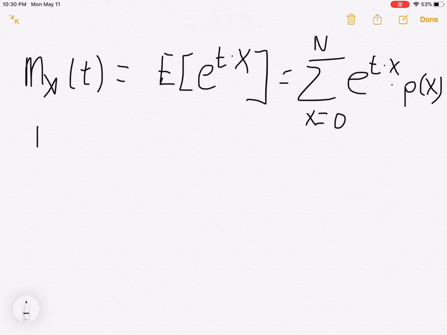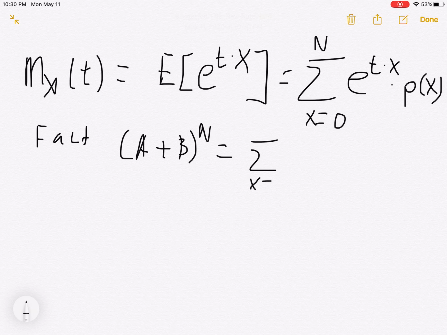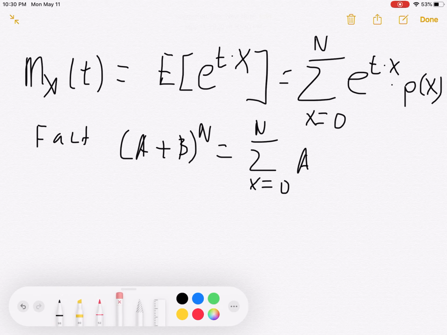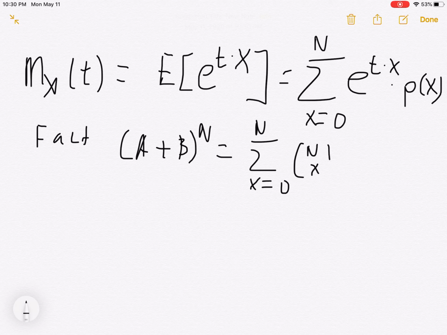Now, before I proceed, I'm just going to write this fact down. (a + b) to the n is going to be the summation from x equals 0 to n of n choose x times a to the x times b to the n minus x. Now, this should look familiar from your review, because this is the binomial theorem, and I asked you what this was on your review.